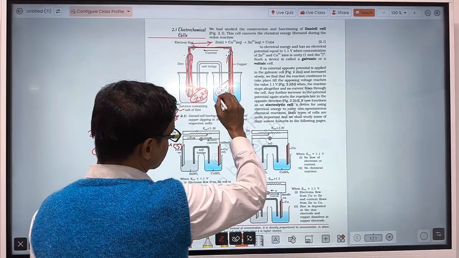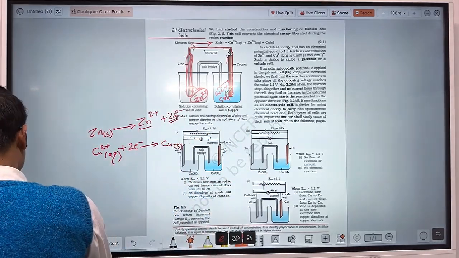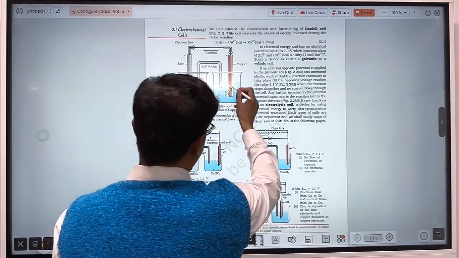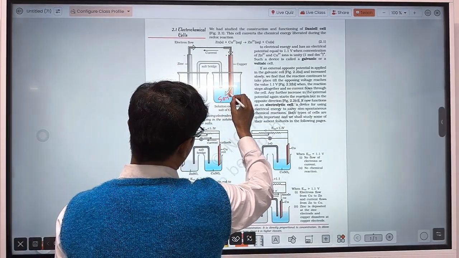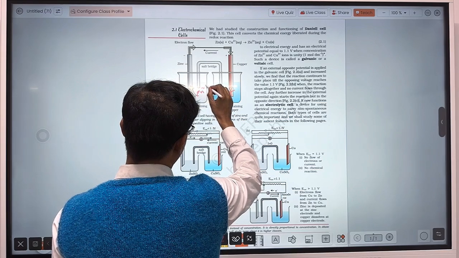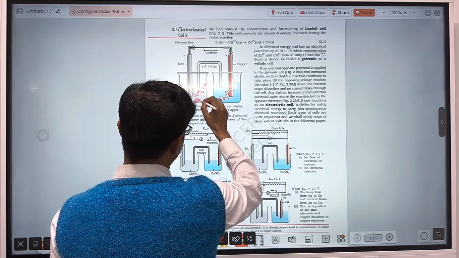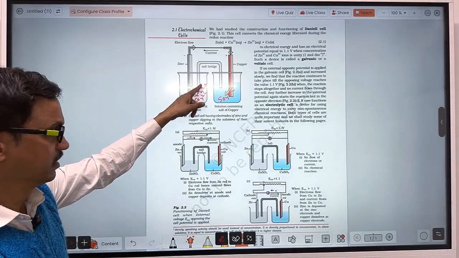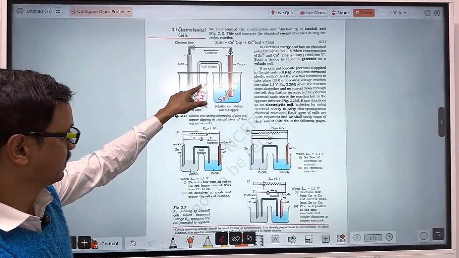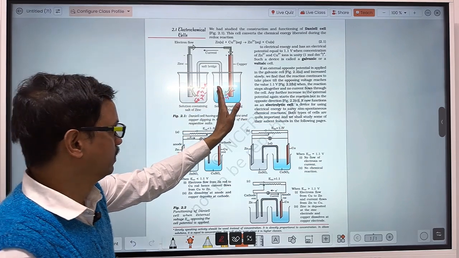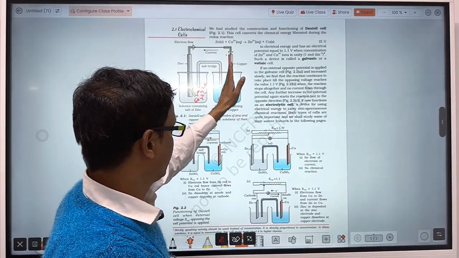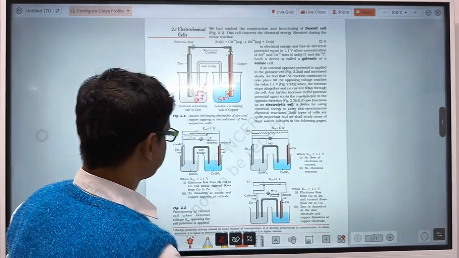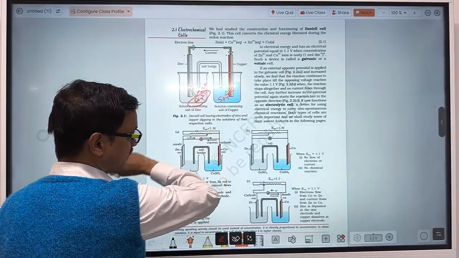Now, regarding the sulfate ions: during this course, the amount of cation here will be more and anion will be less. Since cations enter the solution in this vessel, and in the other vessel the cations get deposited at the rod, the amount of sulfate ion, that means anion, will decrease there.